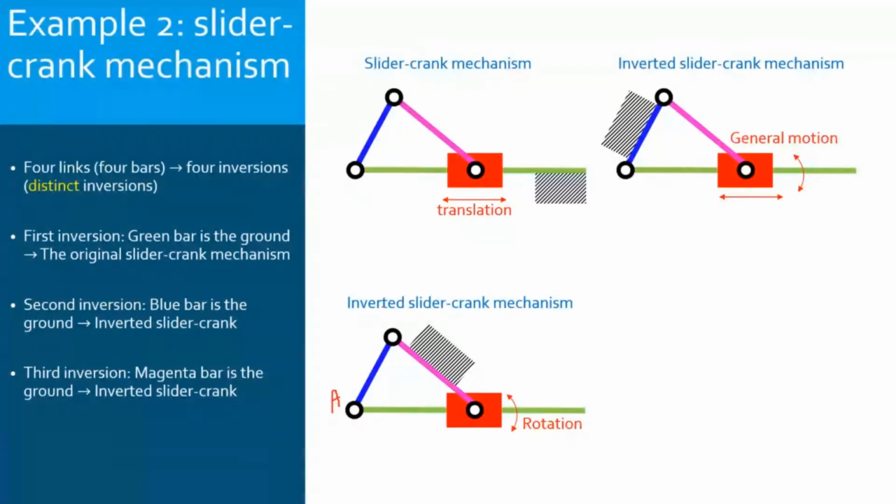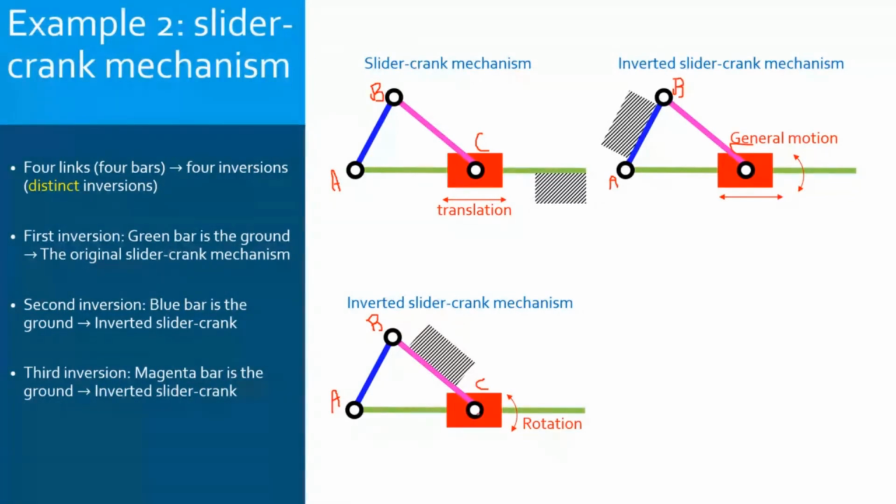Let's say we have here A, B, and C, and again here A, B, and C. This pin joint. Okay, so here the blue bar can make a full rotation about B, the pin joint at B. So it is a crank.